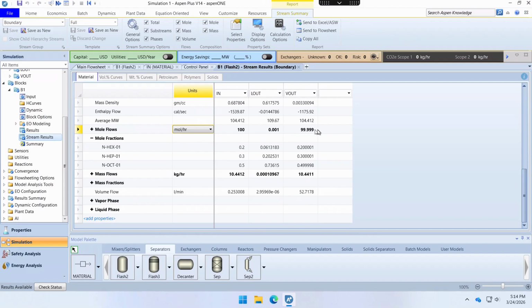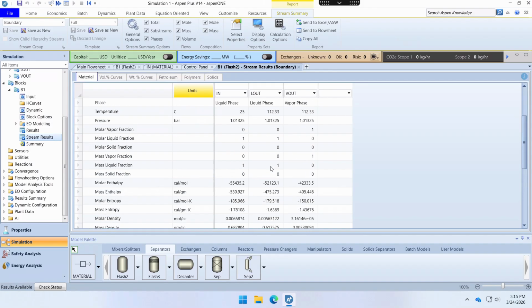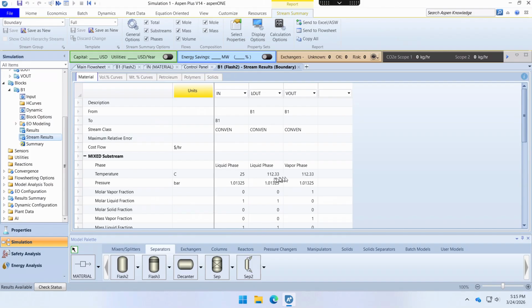And you can see that it's 99.999% vapor, very little liquid, but here are the mole fractions for the composition of the liquid at the dew point. And so the temperature is about 112, right? So the bubble point is about 99, the dew point is 112. I don't feel like calculating the average of those two numbers, so let's just call it 105.